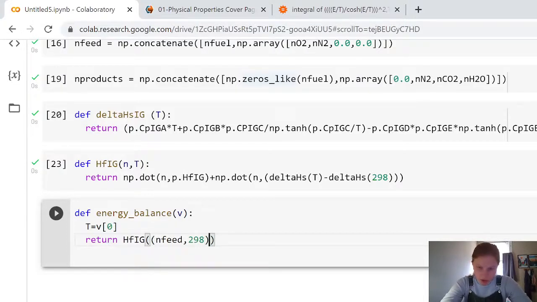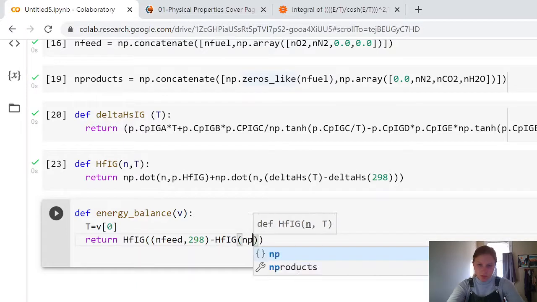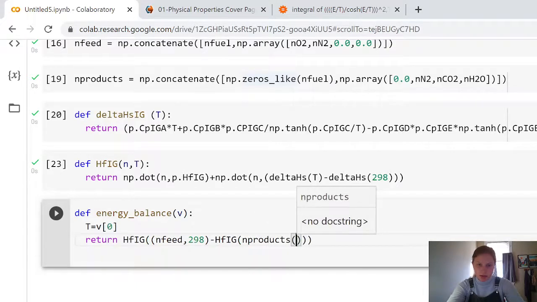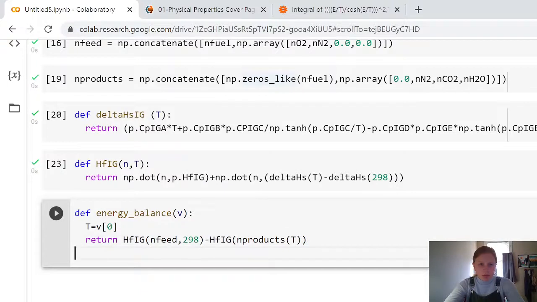And we want to subtract the heat of formation of an ideal gas of the moles of the products at a certain temperature. And I think I have way too many parentheses here. There we go.